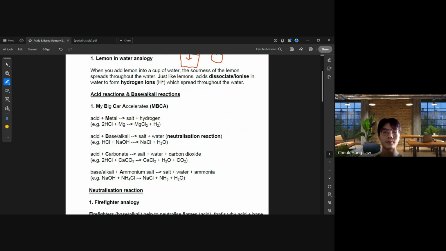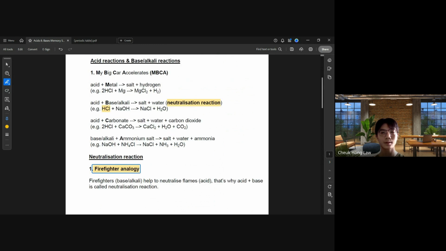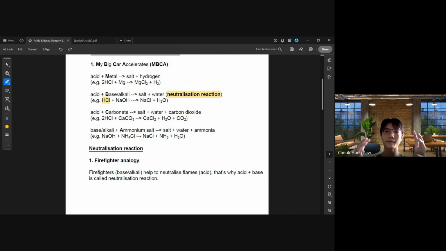Next, we have B, which is base, or can be alkali also. Acid plus base gives you salt and water. This is called your neutralization reaction as well. Since we're talking about neutralization reaction, think of it like firefighters, right? Firefighters help to neutralize flames.